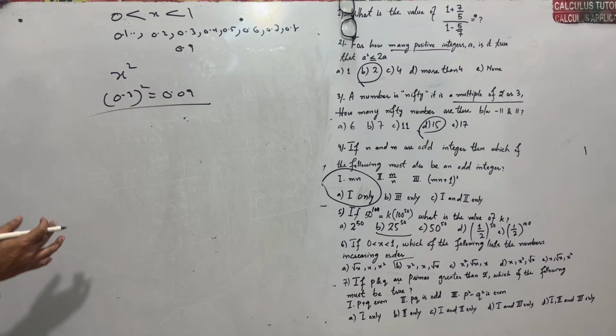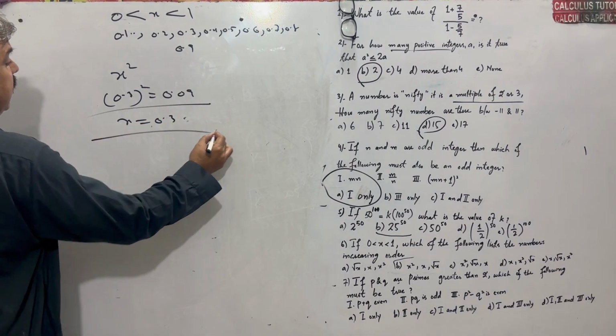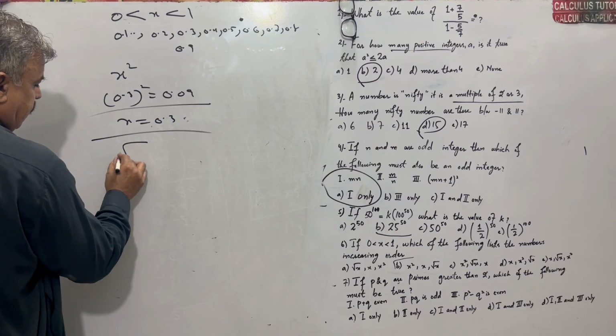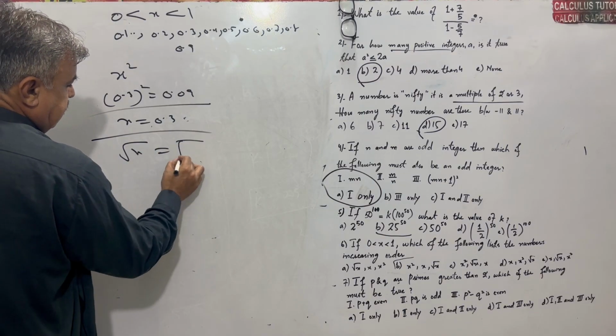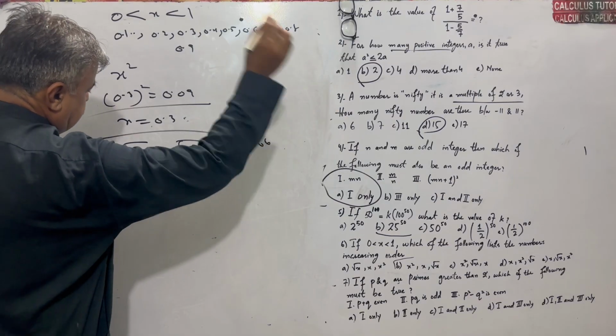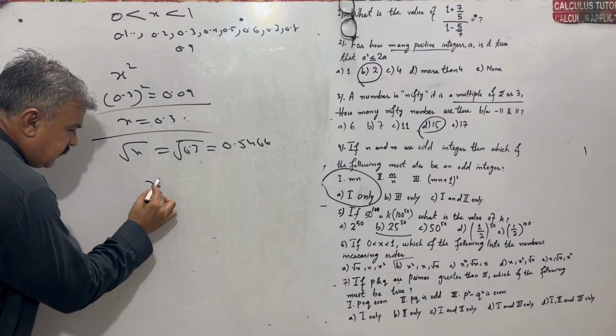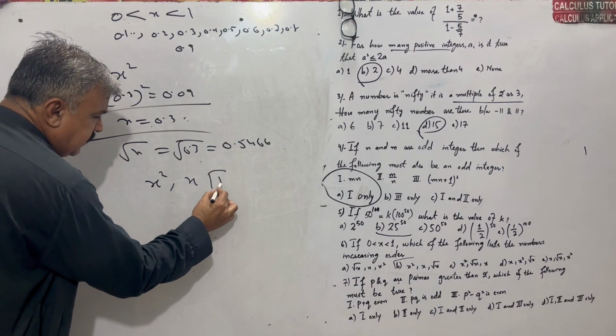That is the magic of this interval. Take x only, that is 0.3. If you find the square root of x, 0.3, one can calculate it is 0.466 and so on.